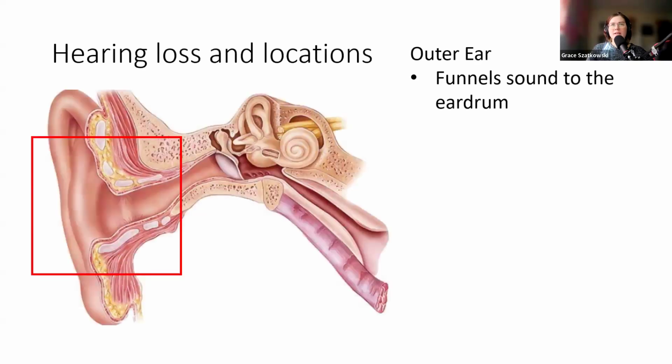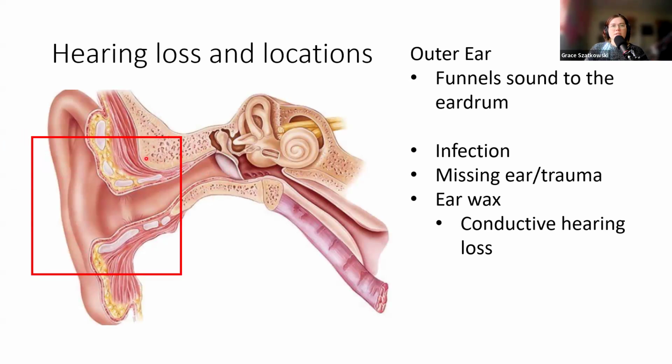So we're going to dive right into the ear. We're looking at the main parts of the outer and inner ears here. The first part you see in red is going to be our outer ear, and its purpose is to just funnel sound in to the eardrum.